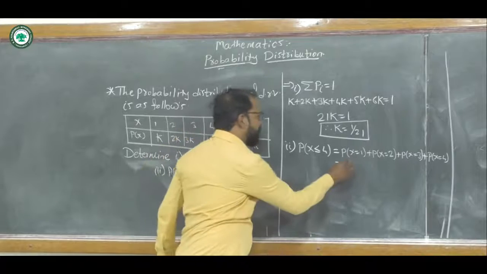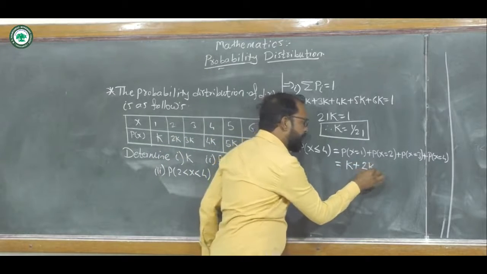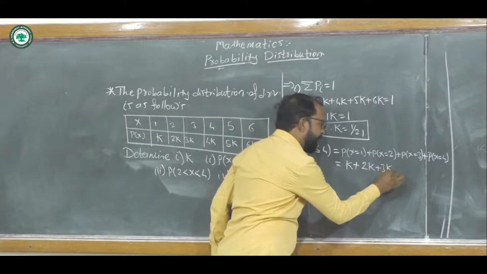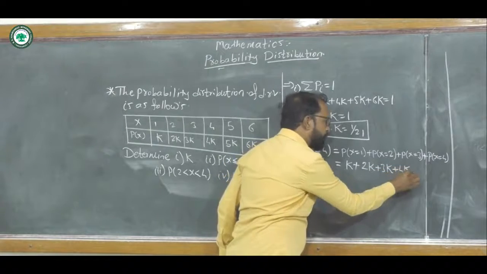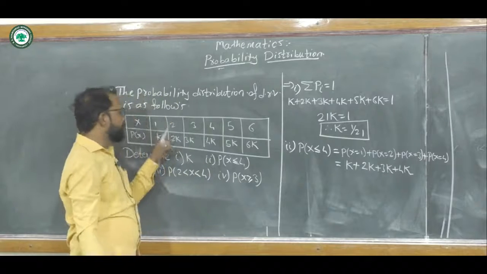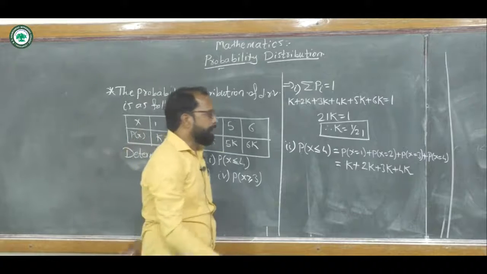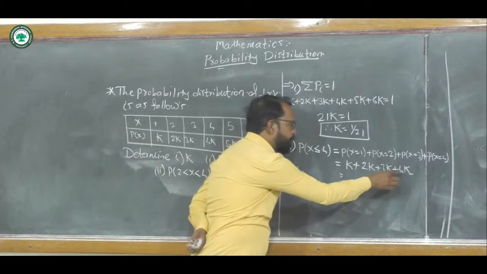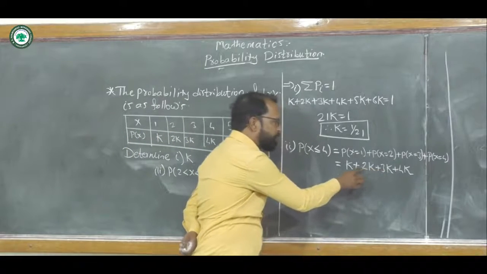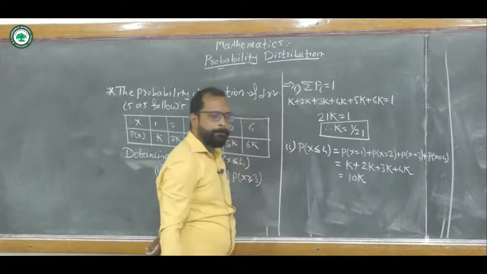For x equals 1, it is given as k. For 2, it is 2k, 3k and 4k, from the table. We add all these values. Now taking addition, it becomes 4 plus 3 is 7, plus 2 is 9, plus 1, that is 10k.